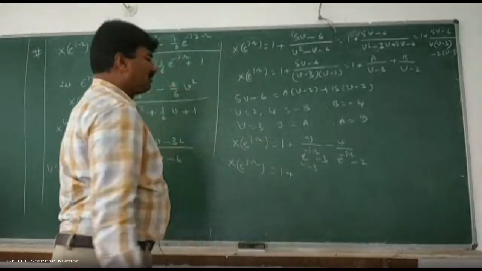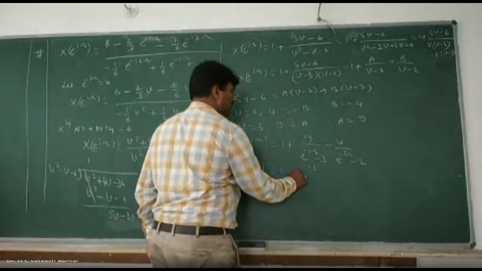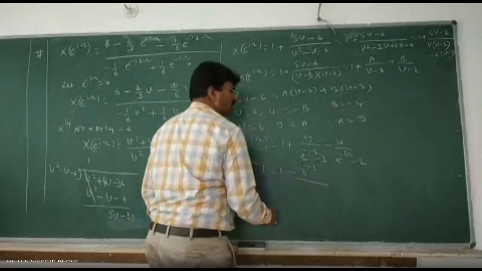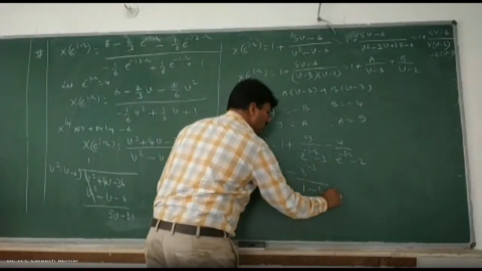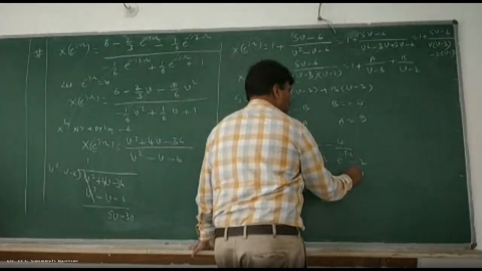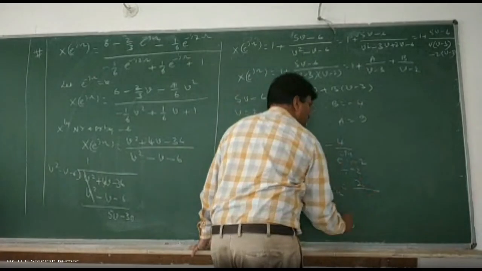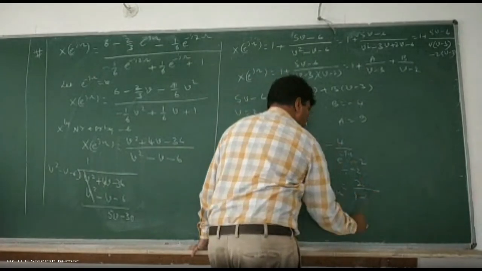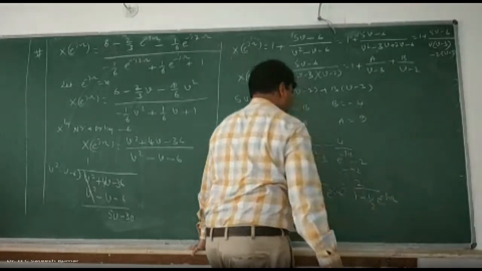If you divide by minus 3, what will you get? Minus 3 you will get in the numerator, divided by 1 minus 1 by 3 into e to the power of minus j omega. If you divide by minus 2, you will get 2 in the numerator, divided by 1 minus 1 by 2 into e to the power of minus j omega.